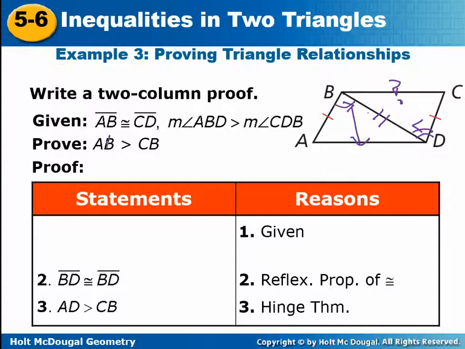There's a mistake here. It's supposed to be AD. And that's all there is to this proof. We just proved that side AD is greater than side CB because the angle, its opposite, is greater than the angle that's opposite the other side, and that was part of our given. And there's the rest of the given. I forgot to make it come up first.